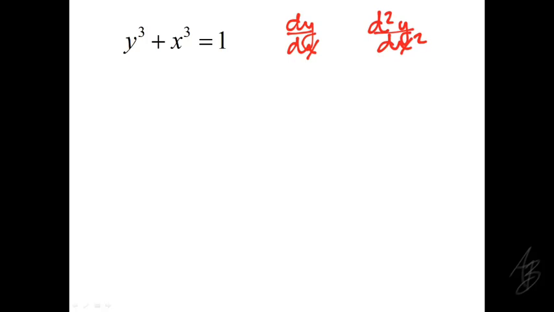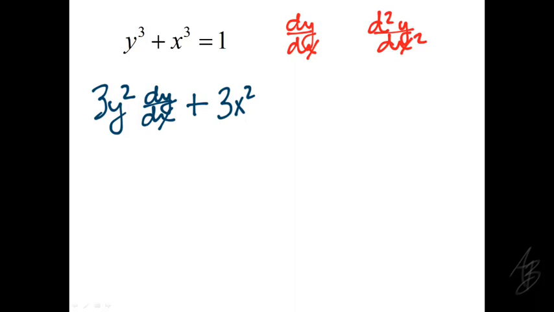The derivative of y to the third power will be 3y squared, but since we're differentiating the variable y, we have to use a chain rule and multiply by dy/dx, plus the derivative of x to the third power, which would be 3x squared times dx/dx, the derivative of x with respect to x. Again, remember that's equal to 1, so we can just leave that out. And that's equal to the derivative of 1, which is a constant, and the derivative of any constant is 0.